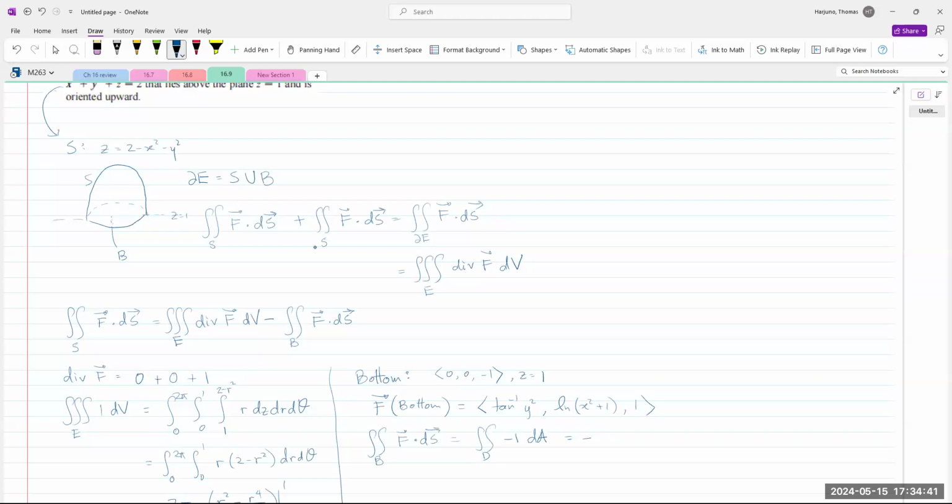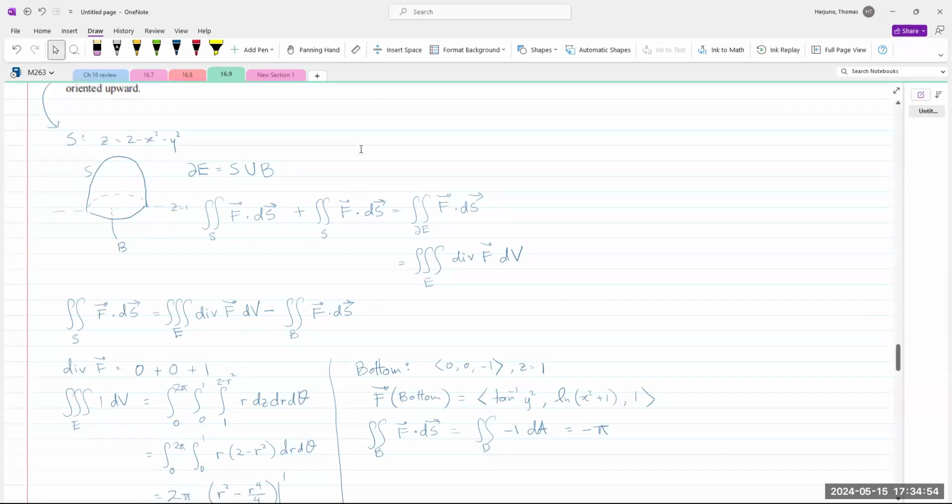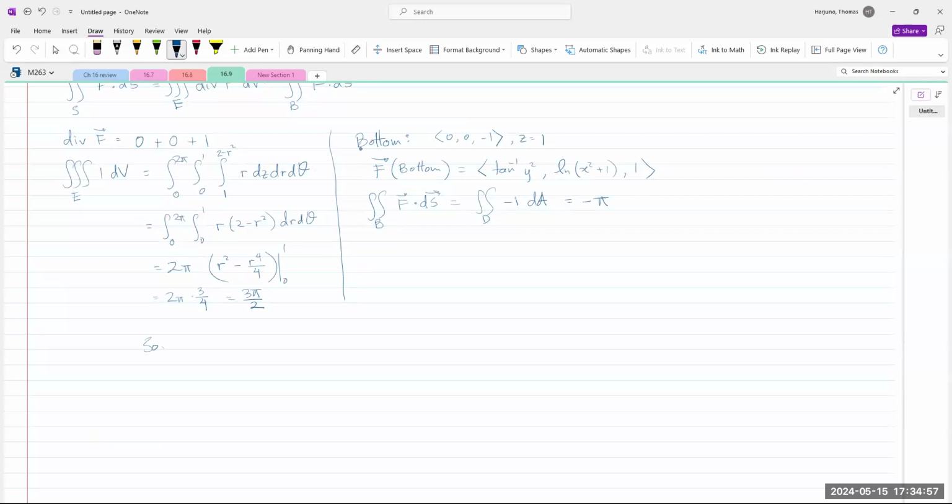That's negative pi. So the double integral over the surface that we want to compute will be 3 pi over 2 minus negative pi, which is 5 pi over 2.